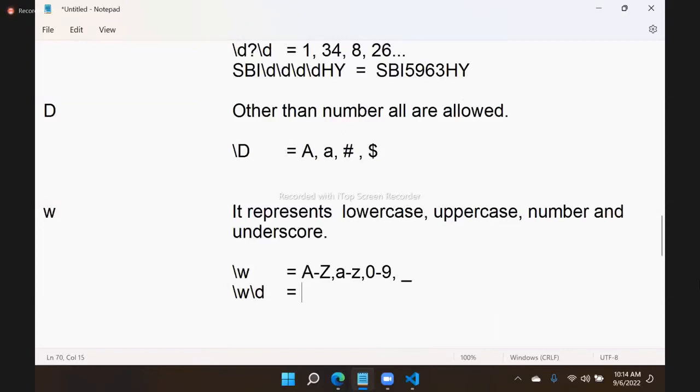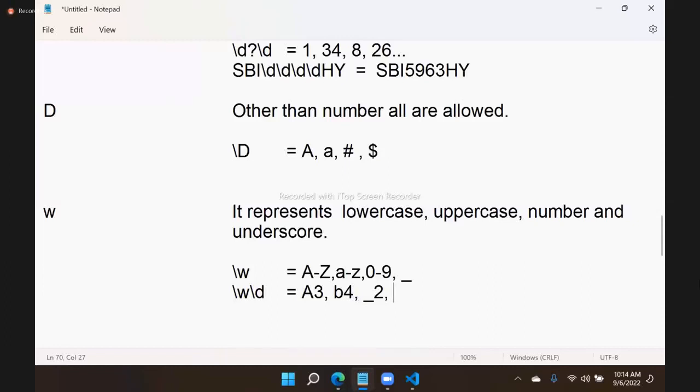How many digits should it be? 2. The first character can be anything: A3, B4, or _2, because \w allows underscore also.